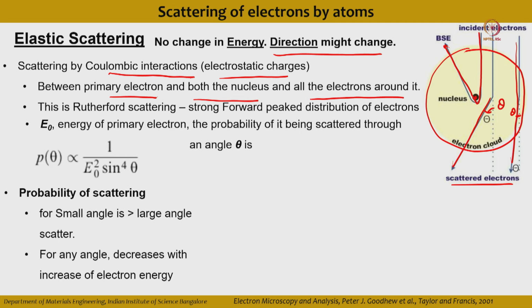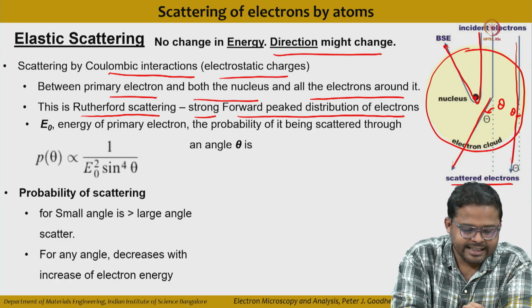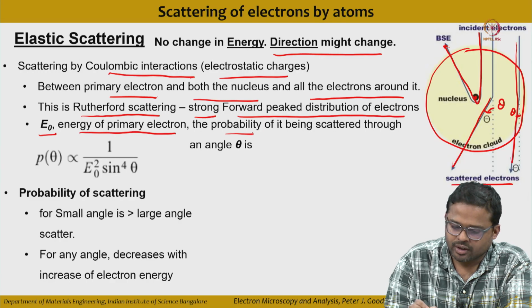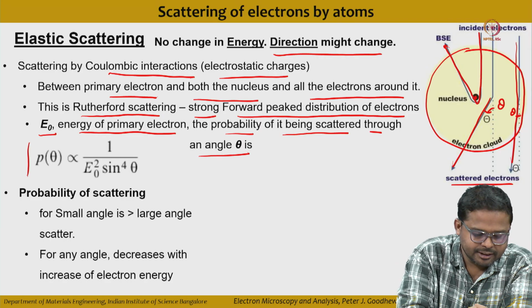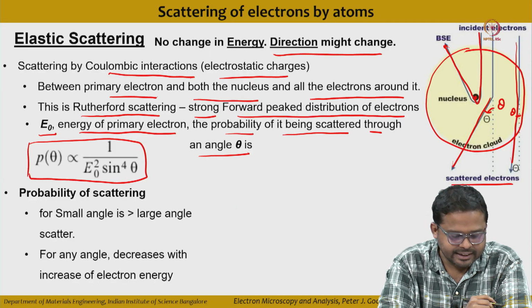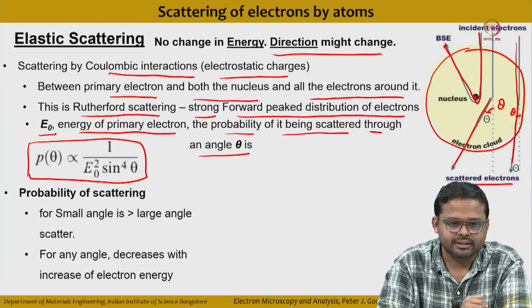This particular scattering is called Rutherford scattering. It is nothing but a strong forward-peaked distribution of electrons. If E0 is the energy of the primary electron, then the probability of it being scattered through an angle theta is proportional to the inverse of E0 squared and sin raised to the power 4 of theta.